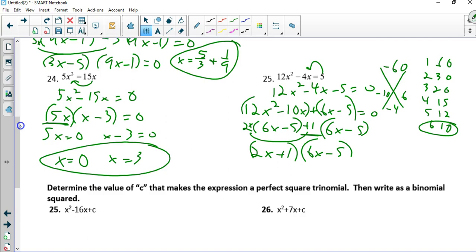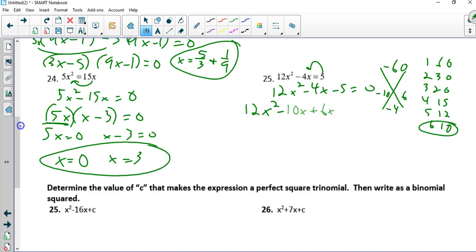Now, I'm going to go back and change it up. I'm going to put the 6 here, minus 10x here, minus 5 equals 0.